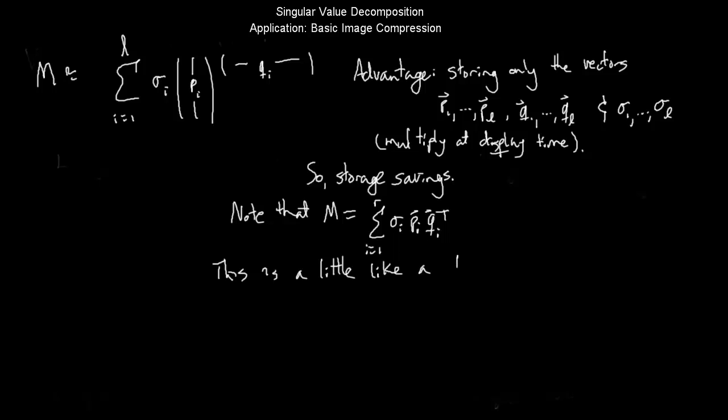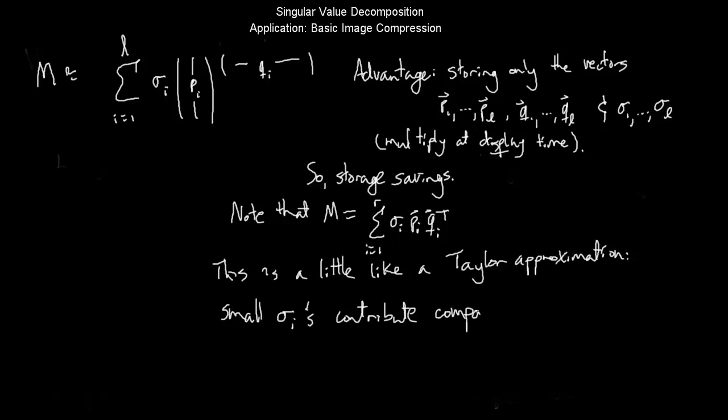Only it's a finite sum, which is handy. So these small sigmas, I want to emphasize, the later sigmas are supposed to contribute a comparatively small amount of change to M. So you can approximate M by taking fewer of them, which is all I really have to say about image compression.